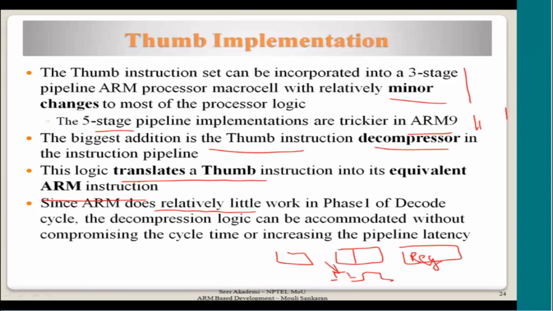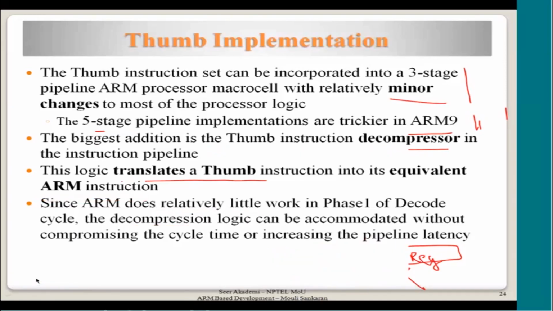So what I am trying to tell you is that the decode stage can easily accommodate the decompression logic. A Thumb instruction gets expanded to an ARM instruction in the decode logic, that means it is decompressed. This job of decompression does not delay the decode logic much, because when decode is happening, some memory access or internal register operation or arithmetic will be happening in parallel, and they will take more time. So decode logic will not be a bottleneck in deciding the clock for the particular processor implementation. That is what I am trying to say.